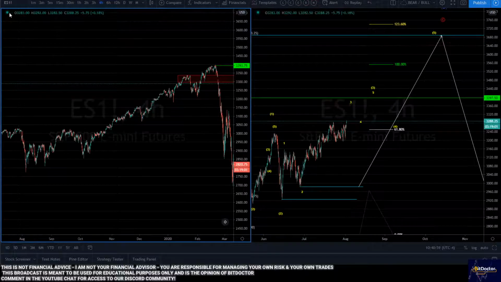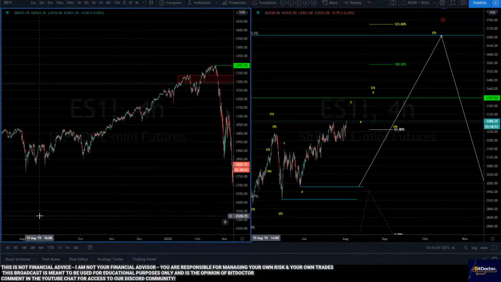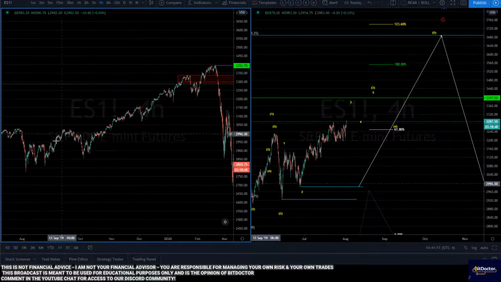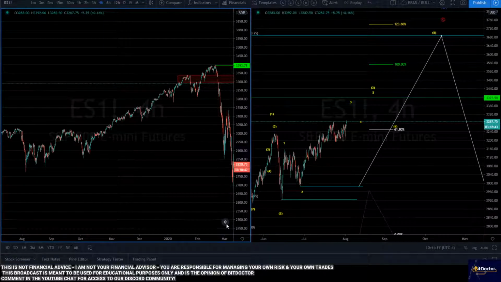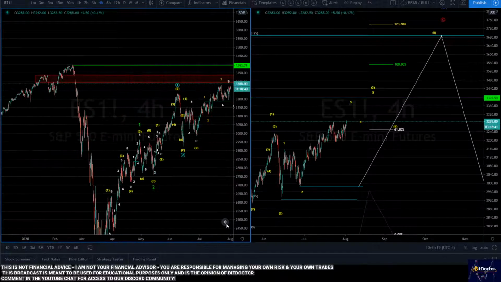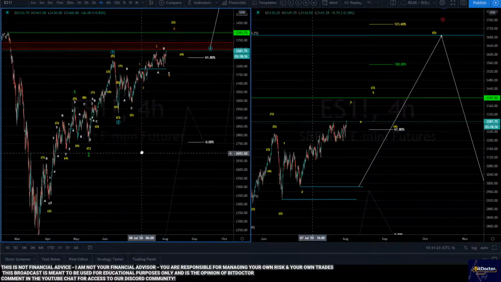What I want to point out, I don't have the volume on here because I didn't want to clutter the chart with a bunch of indicators. This is just a flat candle chart with just some Elliott wave on it. This whole move up here was on decreasing volume. So we do have to keep an eye on volume as we go. If we start to see a continued decrease in volume on this move up, then I will get worried.